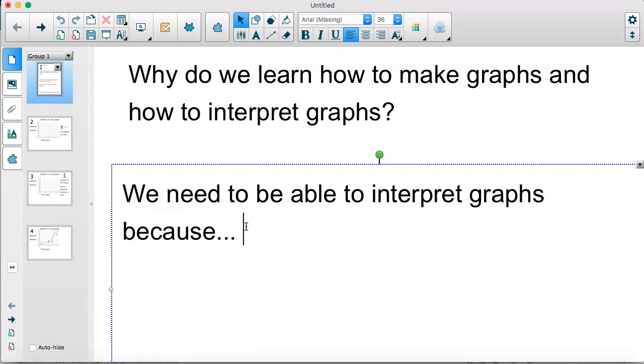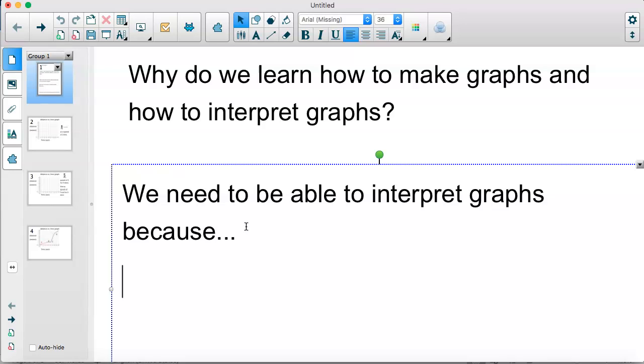I can share with you what I think. There's a lot of data in our world. Presidential elections, there's a lot of data surrounding that. Climate change, there's a lot of data surrounding that. Statistics, analysis, businesses, predicting things that are going to happen in the future.